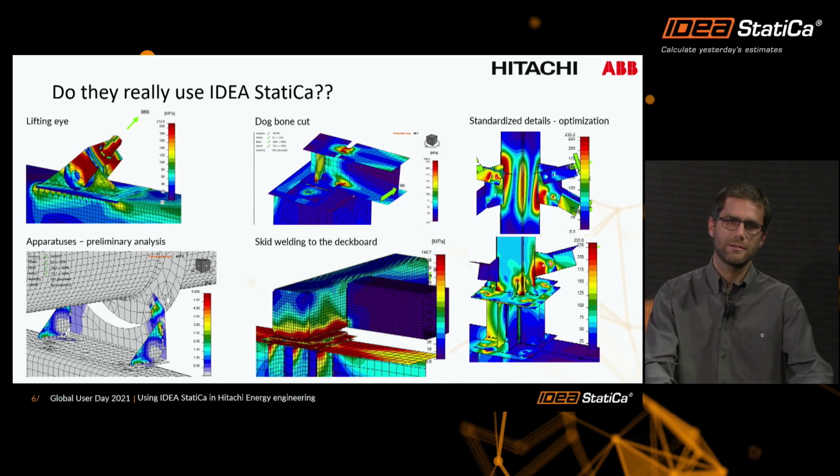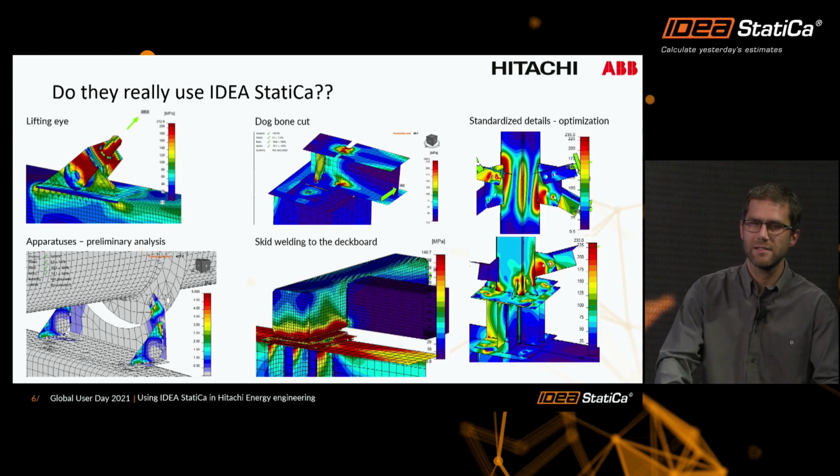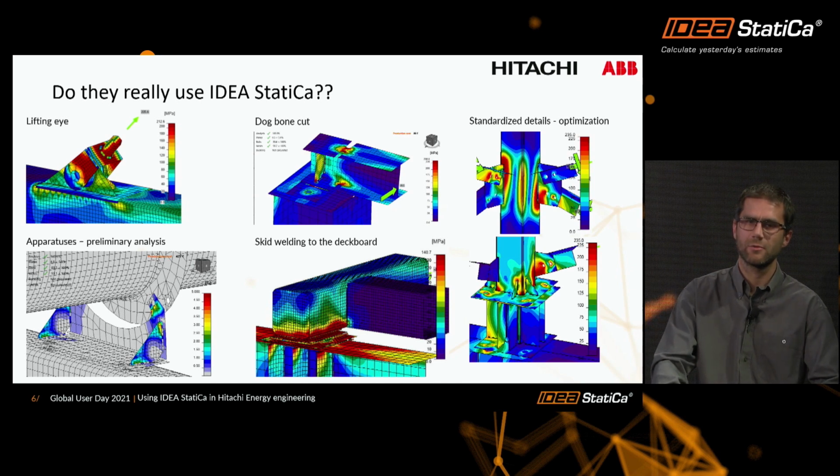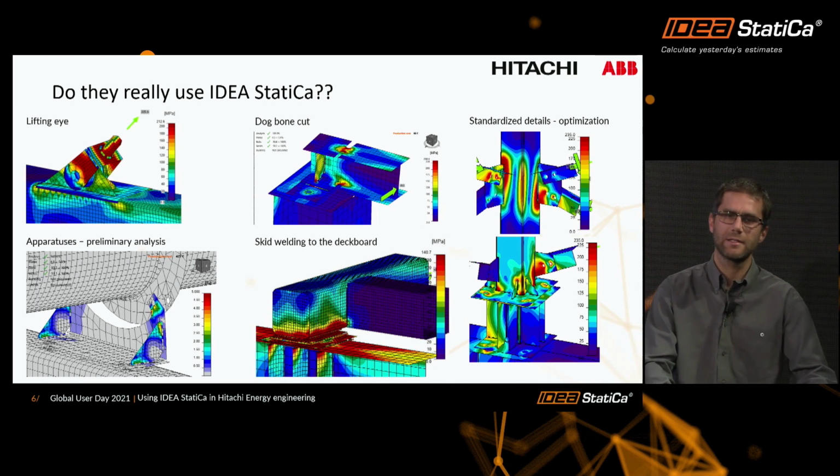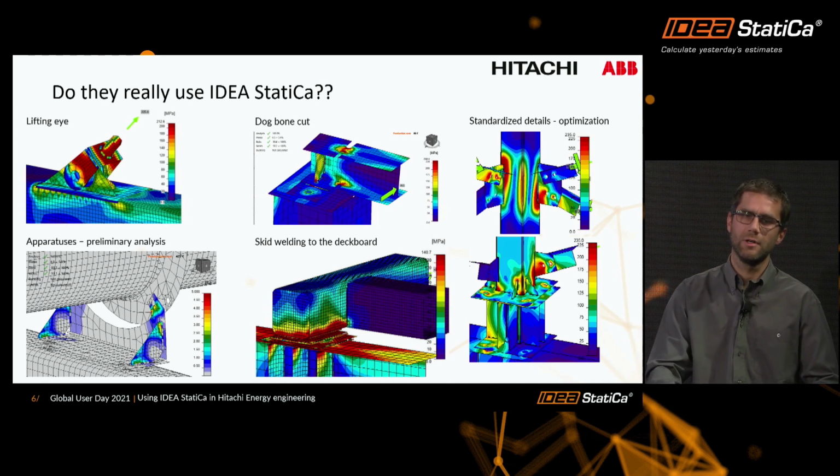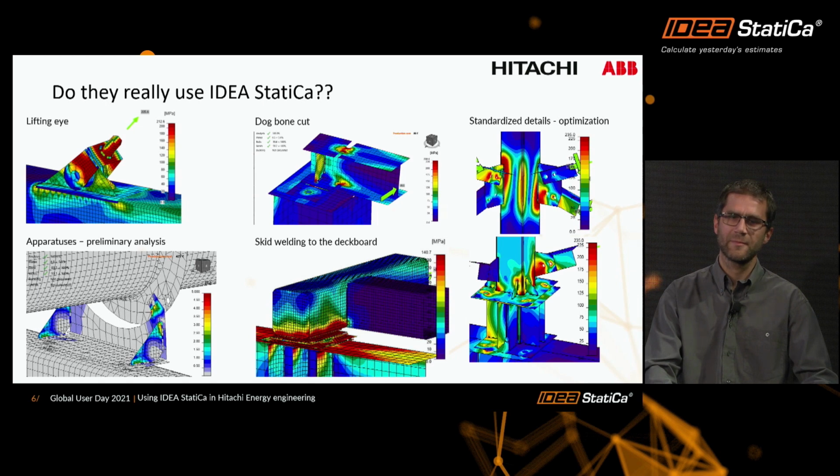And you can see also some results or pictures from analysis and optimization of standardized structures and standardized connections. One of those is an eccentrically welded cassette plate to a hollow square section.